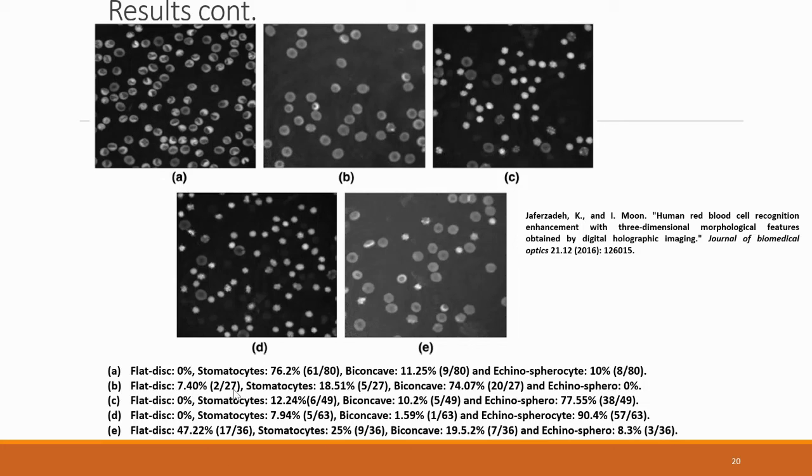On C, we see flat disc, 0, stomatocyte, 12%, biconcave, 10%, and echinospherocyte, 77%. D also shows that echinospherocytes are dominant, and on E, we see that flat discs compose most of the cells in here.